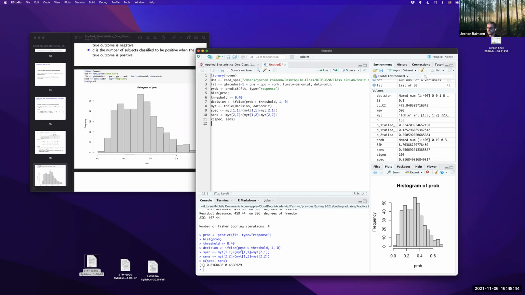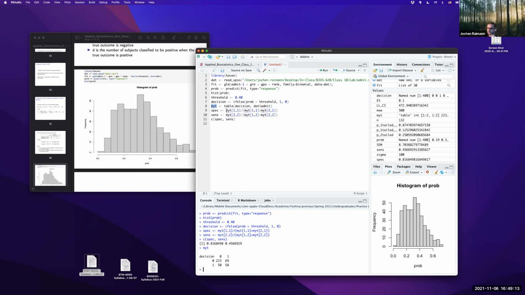So essentially it does nothing else but summing all entries in MYT. MYT is here table decision. So MYT looks in depth, shape, and form. So we have here MYT, right? And this already gives us a start for our lab.